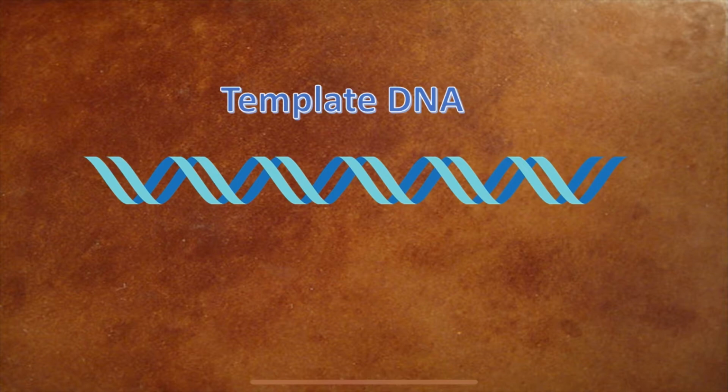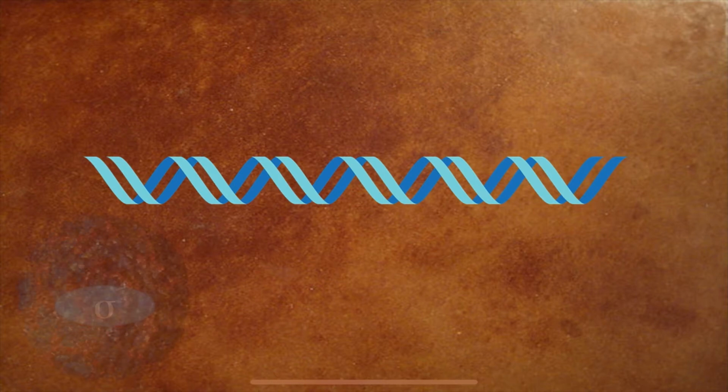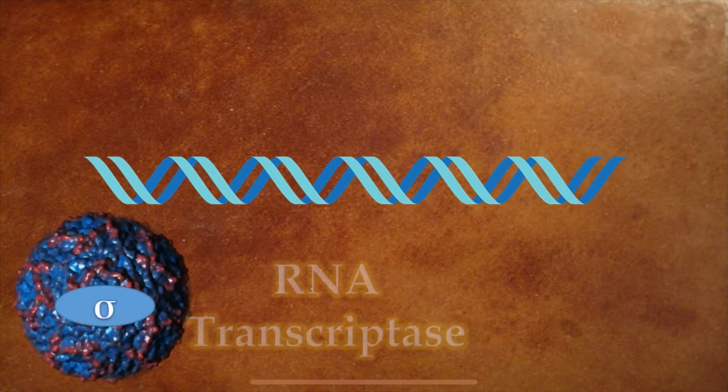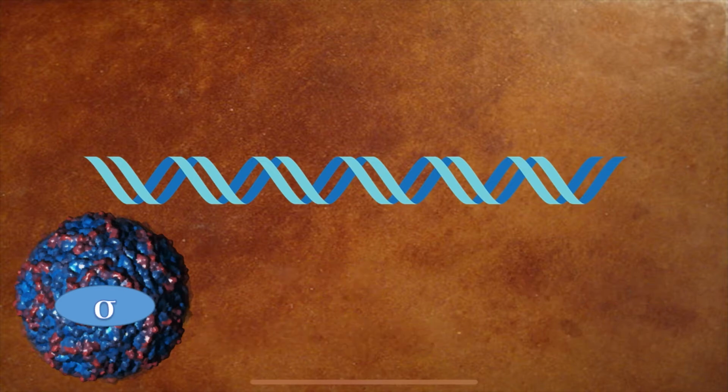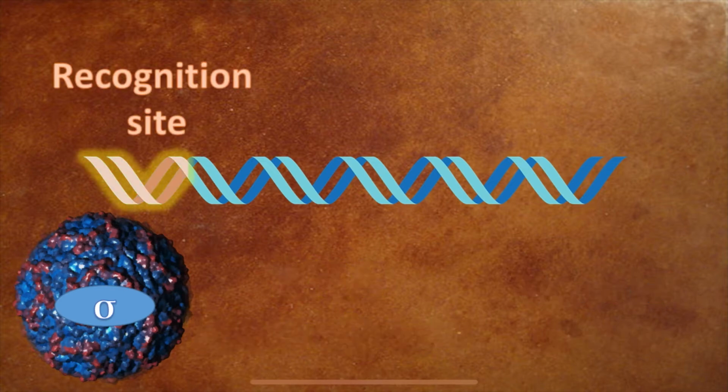So, in overview, the basic thing required for RNA transcription is the template DNA. Other than that, the major one is the RNA polymerase enzyme. This enzyme always comes with a sigma subunit on it, and because of this sigma subunit, it recognizes the promoter site, the origin from where the transcription will be initiated.